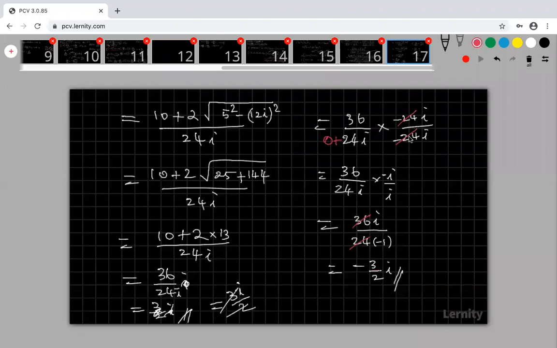Multiply minus 24i by minus 24i. Cancel minus 24, I will get only i. My aim is to cancel this i in the denominator, so I am just keeping this i, and i into i becomes i square. I have a value for i square. Are you okay?